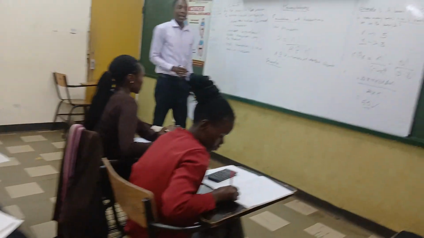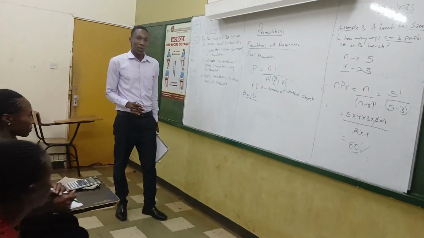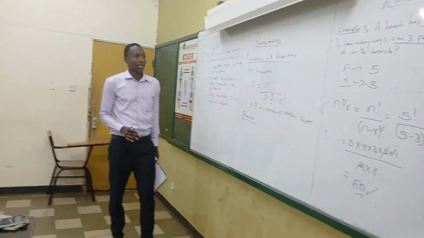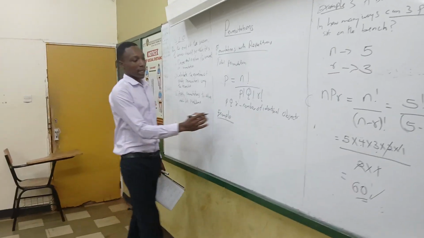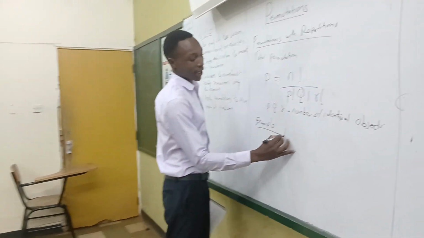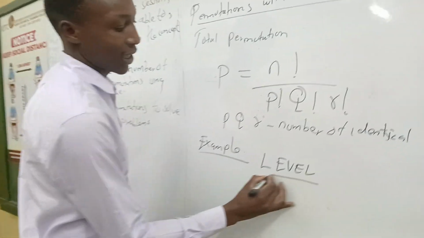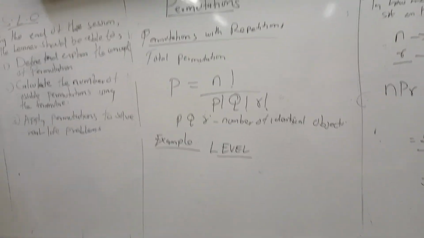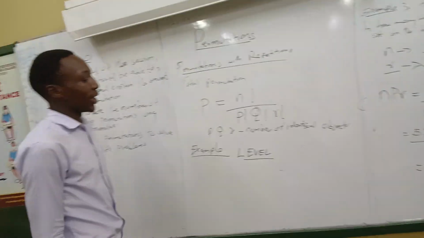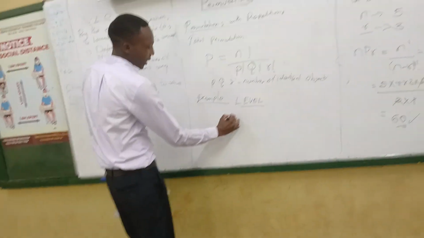A very simple example I'm going to use is the number of permutations you get from the word level. Now, what does this repetition mean? First, we identify our n.